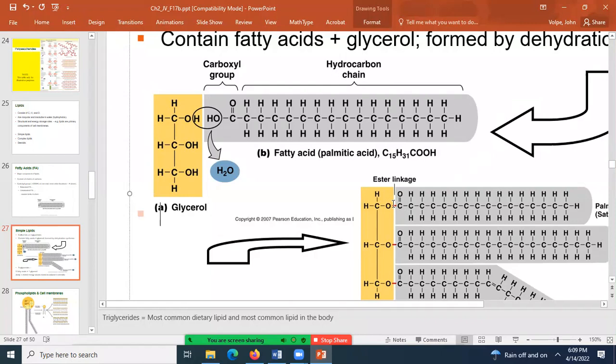And this is just a chemist term for this link. So whenever you have the COC, they call that an ester link. And that came about from the hydrogen leaving the glycerol here, and then the OH leaving the fatty acid here, and then this carbon binding directly to that oxygen.